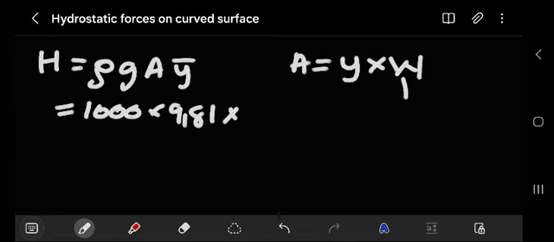They said we should take the width as 1, 1 meter per width, so we multiply this by 1. So what is y?